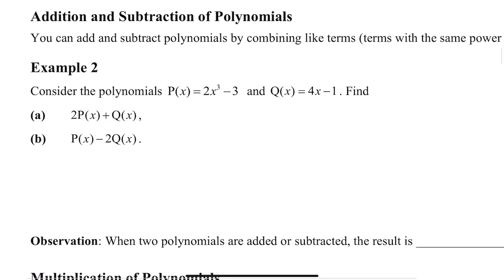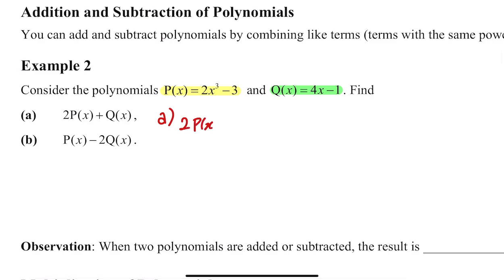Let's say I have two polynomials defined as p(x) equals 2x cubed minus 3. Then the next one, I define q(x) to be 4x minus 1. So 2 times p(x) plus q(x) is simply equal to, let's write out part A, 2 times 2x cubed minus 3, then plus 4x minus 1.